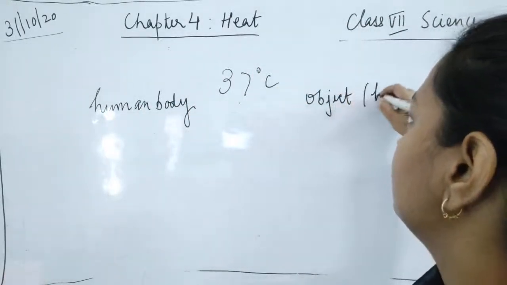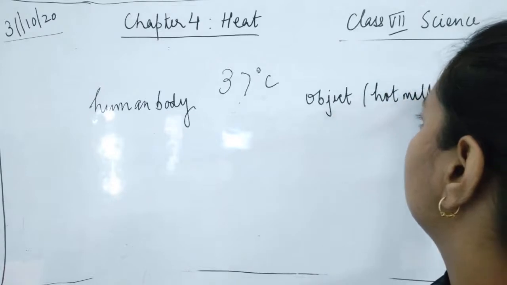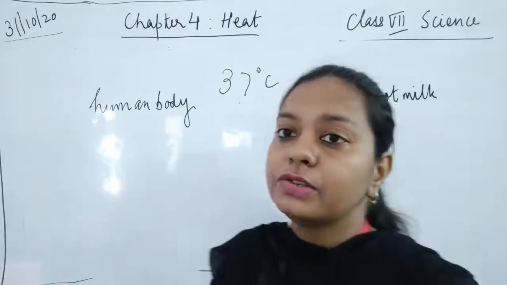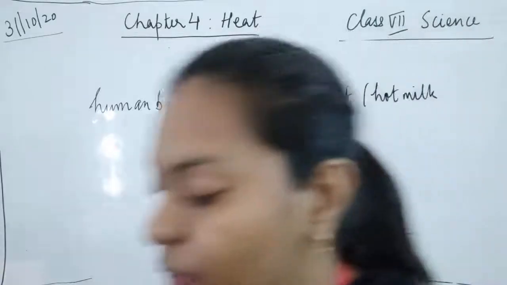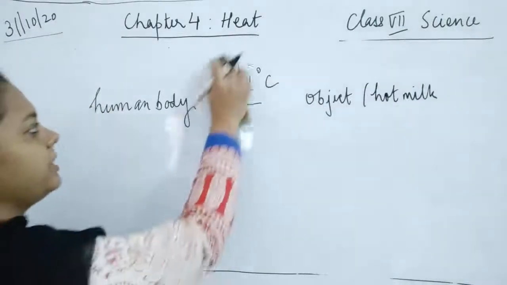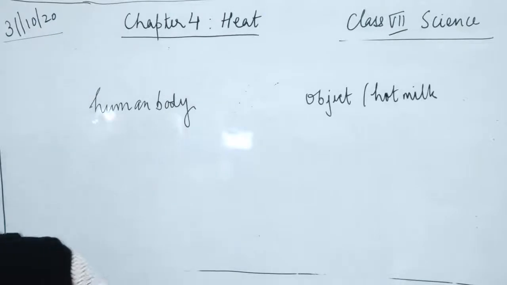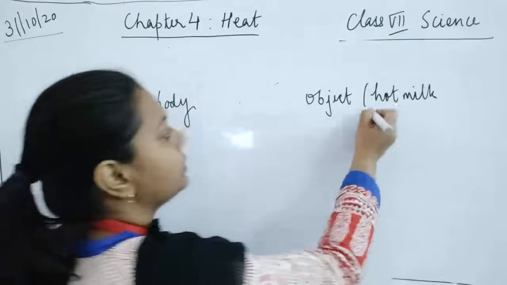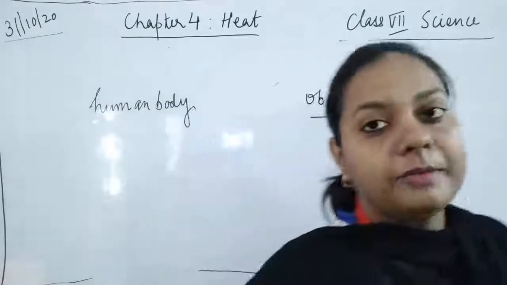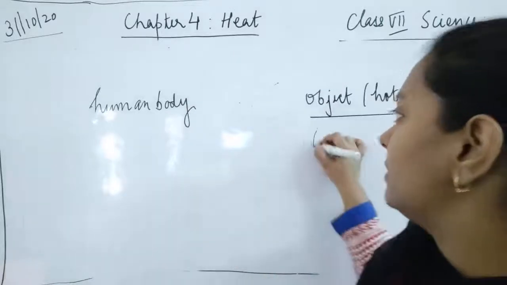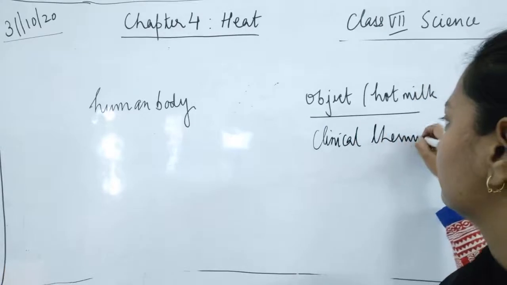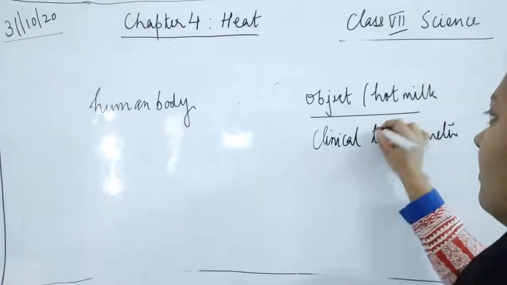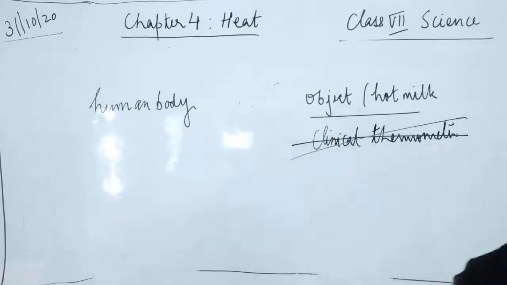Here it is written hot milk. Bujo said that he is going to measure the temperature of the object using a clinical thermometer. But this was a wrong idea.